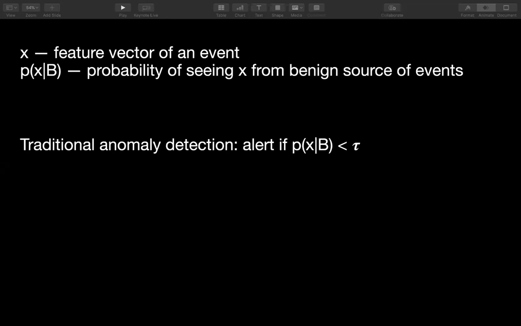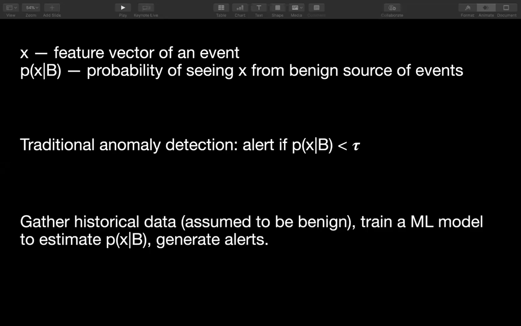You say, whoa, this is too weird for me. It's unlikely this would come from benign data, so therefore, I infer it must be malicious. And there are all sorts of techniques for how you instantiate this by constructing a statistical model to compute that likelihood, P of X, from the benign data. So the basic approach is we gather lots of historical data that we just assume to be benign. You train a model that lets you estimate these probabilities, and then you use that at test time to generate alerts and detect attacks.